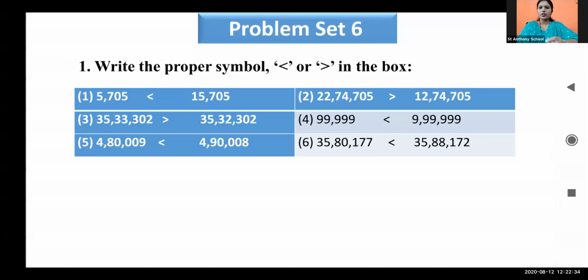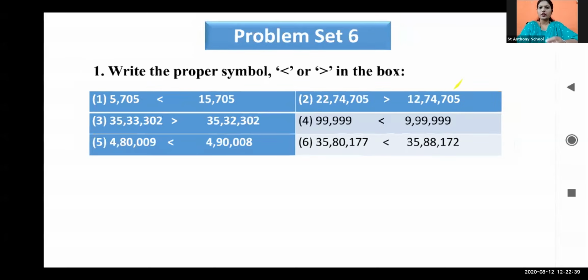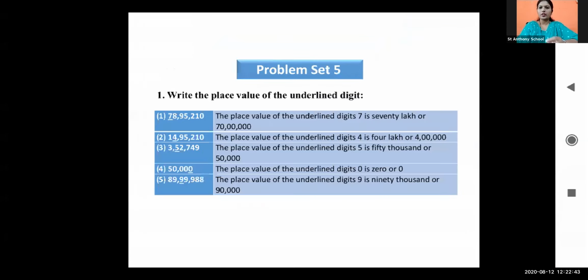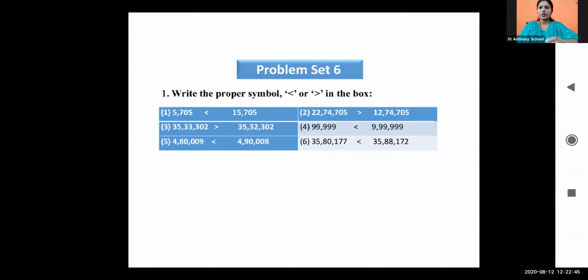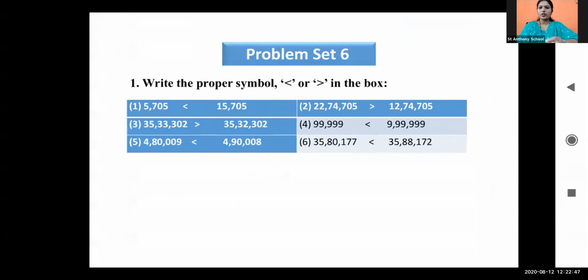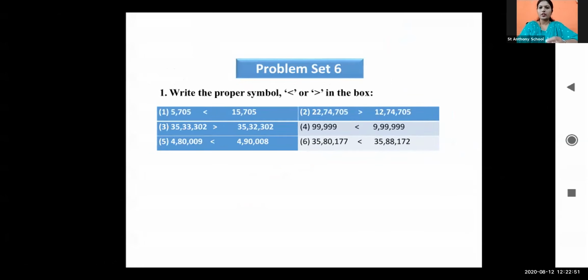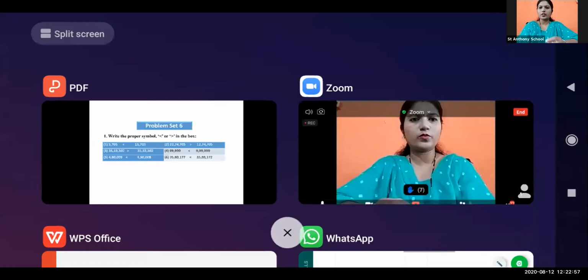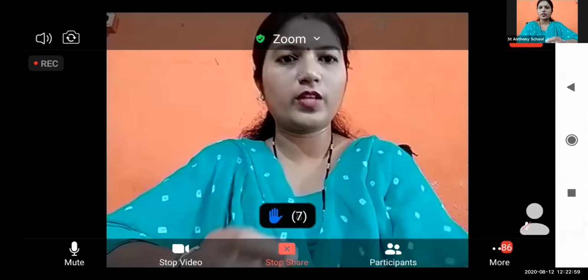So 35 lakh 33,302 is the bigger number. Okay. Now I am giving you one example. These 3 sums you are doing as homework.